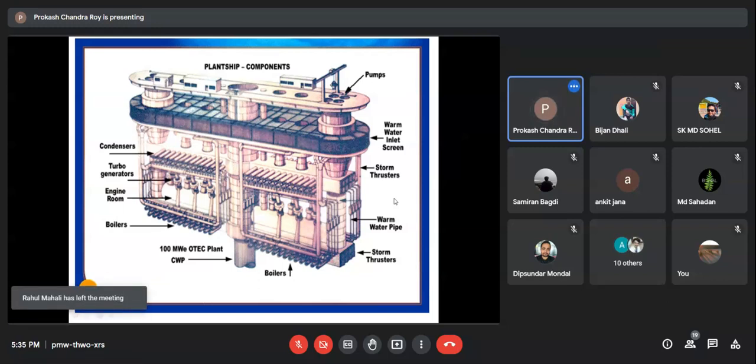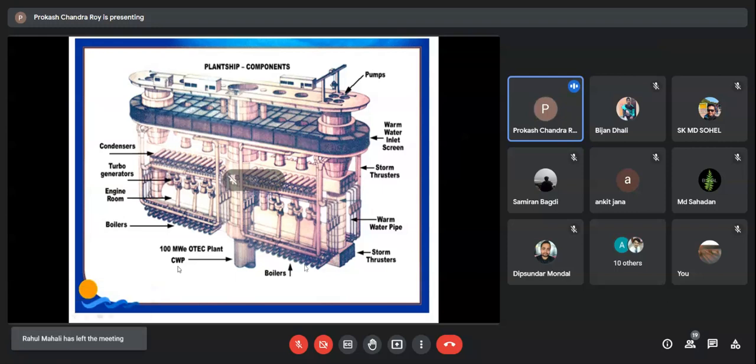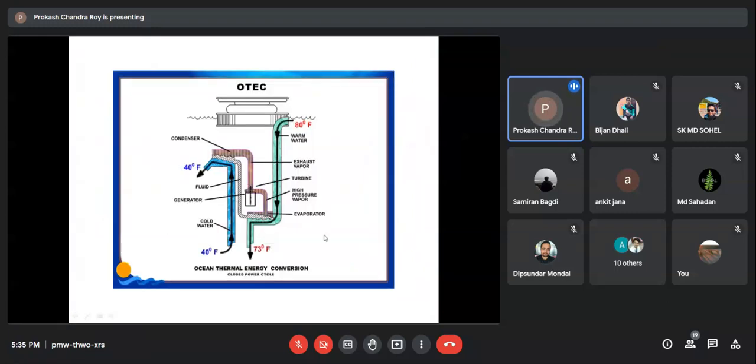That is not a charity sort of thing. These are real pictures, and this is the animation. This is the flow of the cold water, this is the flow of the hot water, and in between there is the turbo generator set. Okay, this is the concept of this project.